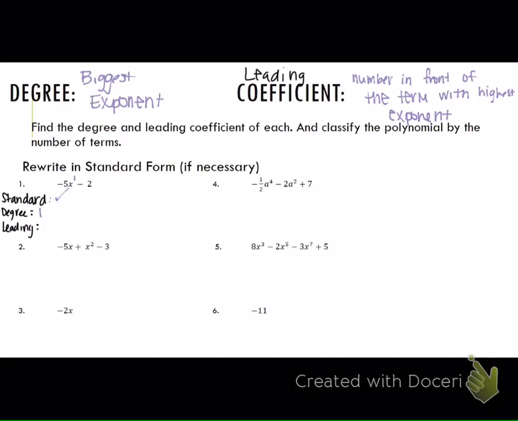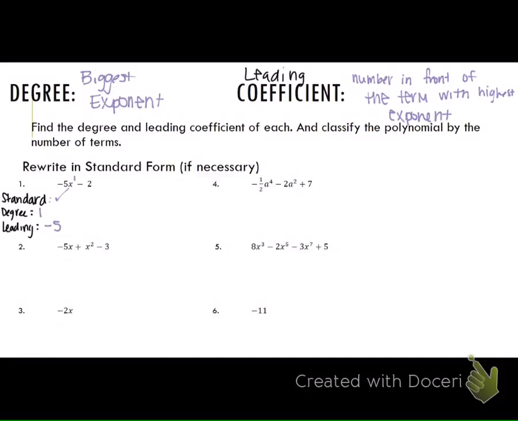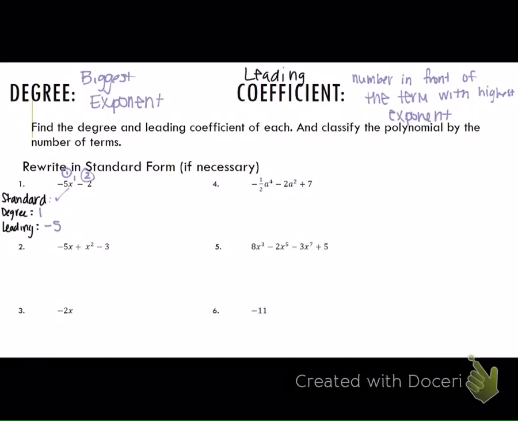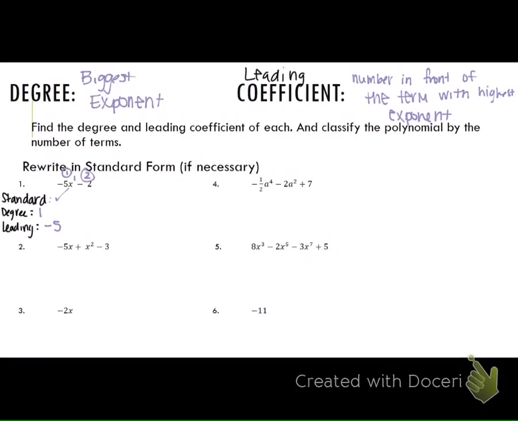What is the number in front of the term with the highest exponent? So the highest exponent is 0. What did we say the degree was? So what's the number in front of that? -5. How many terms does this one have? 2, so this is a? Binomial.